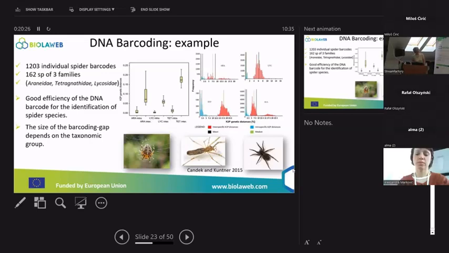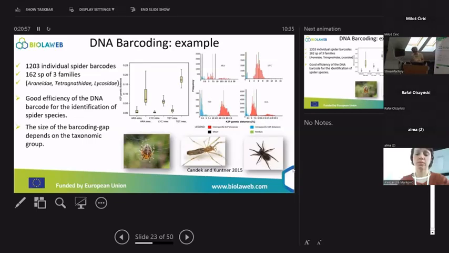If you look, for example, at the bottom left, you have the Tetragnathidae family, and you can see in blue the intraspecific distances between individuals from the same species, and in red the interspecific distances between different species. And you can see that there is a clear gap.